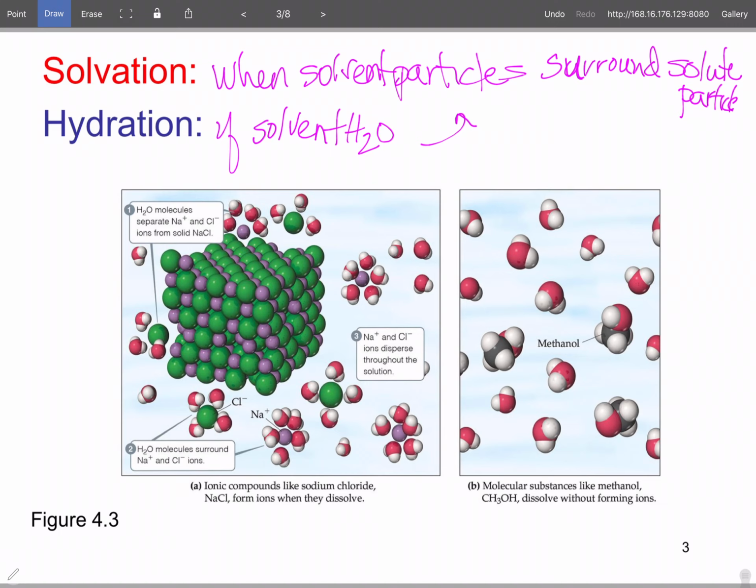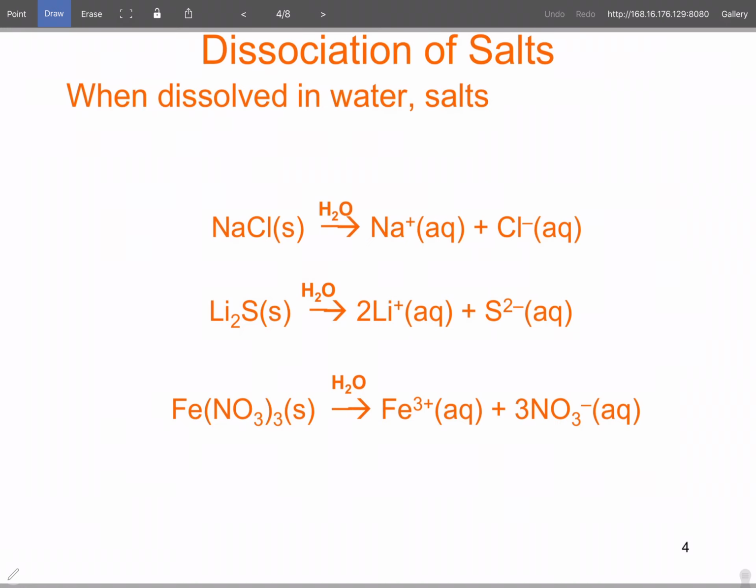So if you'll notice here, you have these where the solvent particles are surrounding the particles. Same thing here with methanol. It's being surrounded by water as it's separating. So it doesn't matter if it's two liquids, a liquid and a solid, two gases, whatever. As long as it's surrounded, that's solvation. If it's water as the solvent, that's hydration.